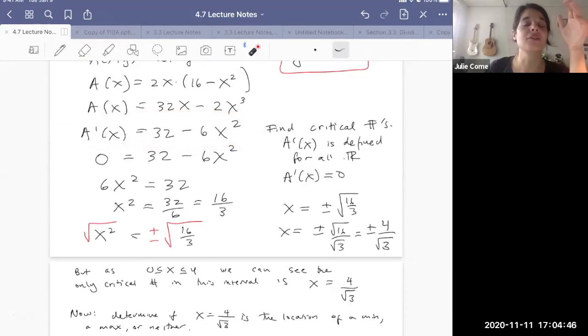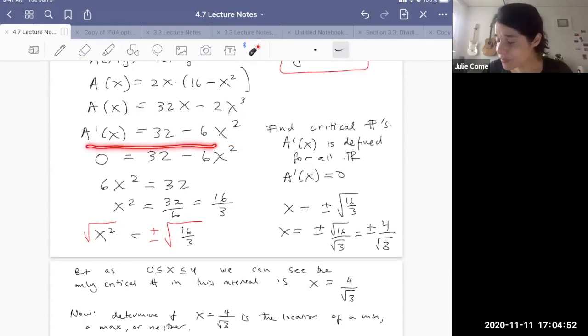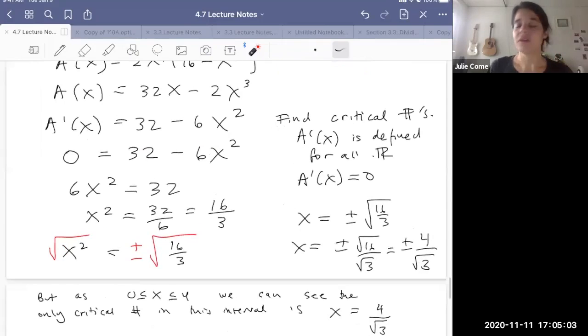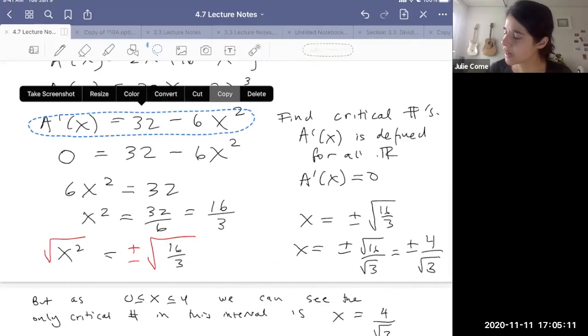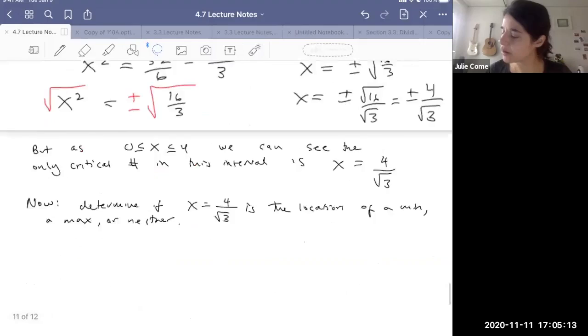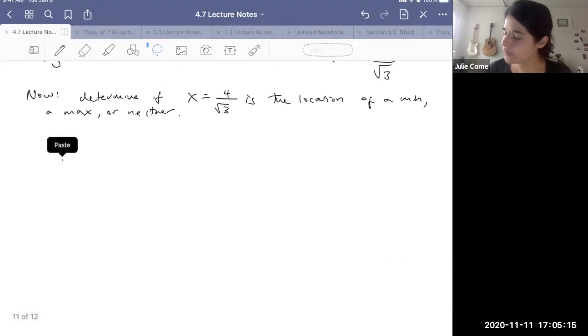It's not going to factor super nicely, but you could basically try to make it work as best you could. Or we could do the second derivative test. In this case, I'm thinking the second derivative test may be actually faster and easier. So I have the first derivative of the function right here. We know that the first derivative was 32 minus 6x squared. Let's use the second derivative test.